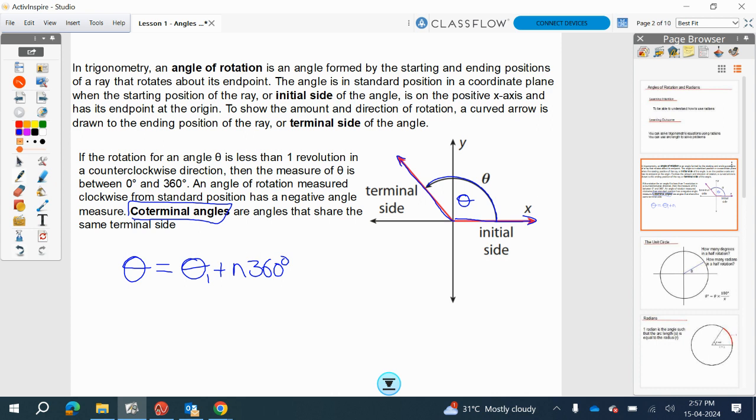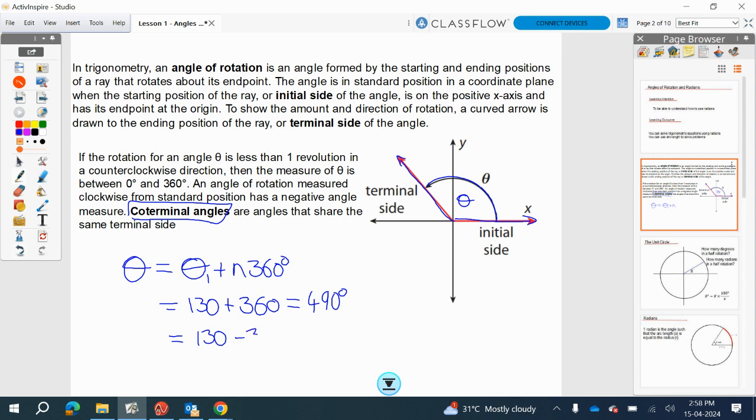Let's give an example of this one. Let's find out what angle is coterminal with 130 degrees. So 130 degrees plus one lot of 360 would give us the angle 490 degrees. So we can say that 490 degrees is coterminal with 130. If we wanted a negative coterminal angle, we could take 130 and have n equal to -1.